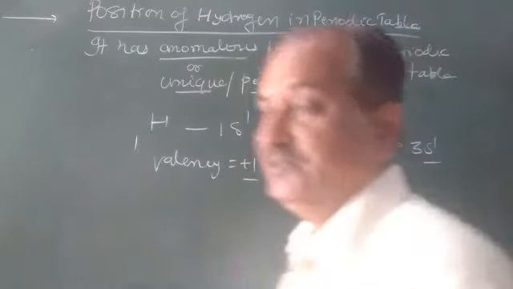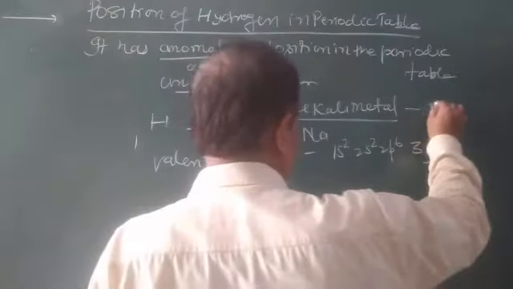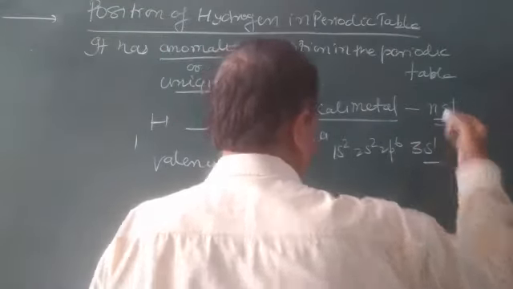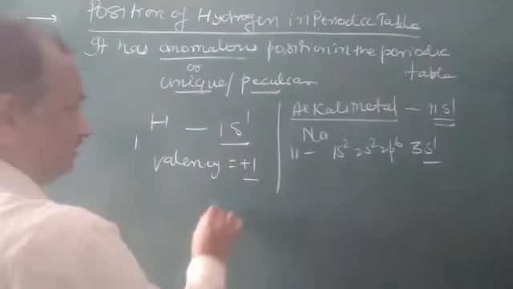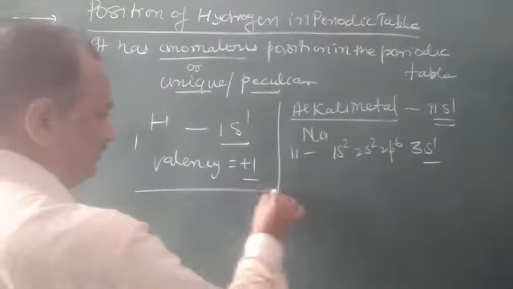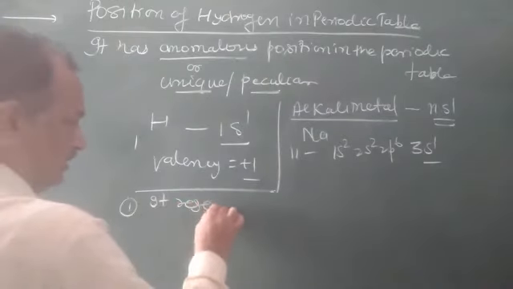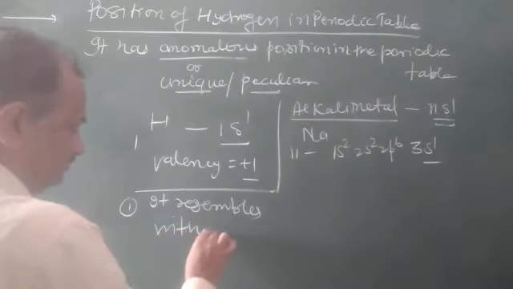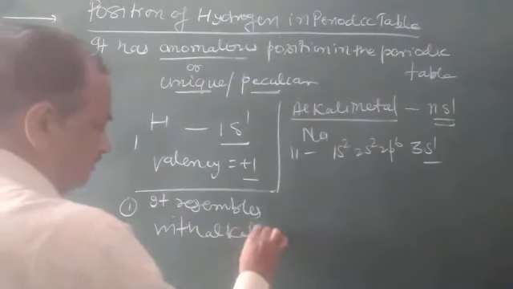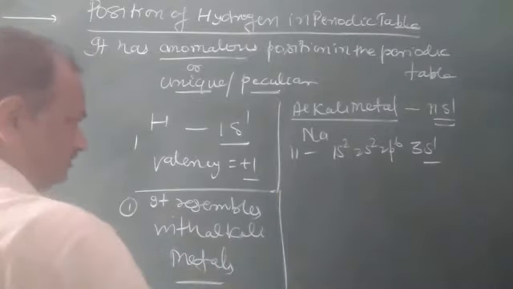See the point: alkali metals have a valence shell configuration of ns1. Similarly here it is ns1, so it resembles alkali metals. This is the first point.